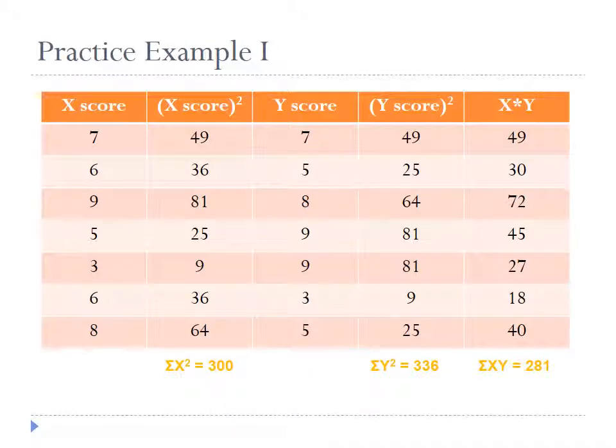Using the formula, we square each of the X scores, square each of the Y scores, and then we determine a product of X times Y. And on the bottom, you'll see the totals, 300, 336, and 281.